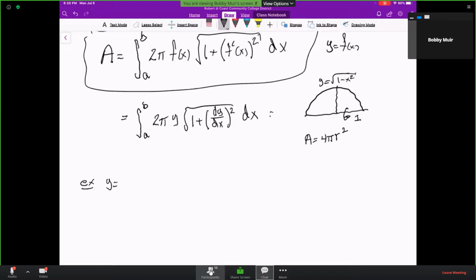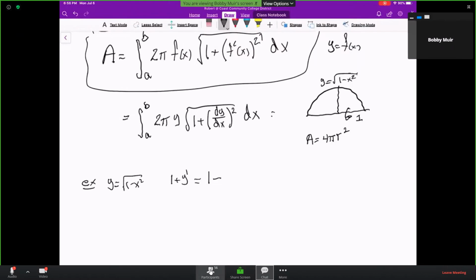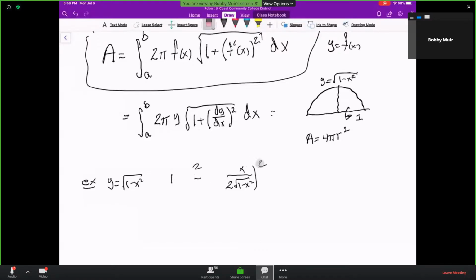So y prime is going to be minus 2x over 2 radical 1 minus x squared, so y prime is negative x over the square root of 1 minus x squared.